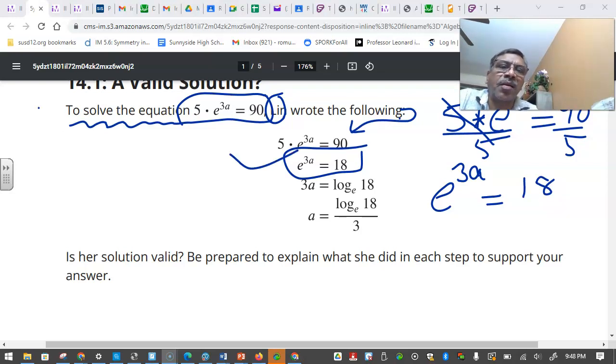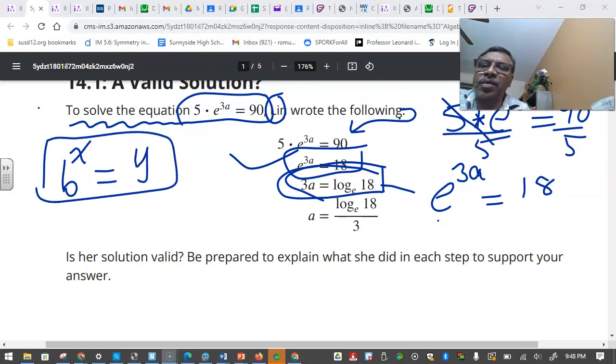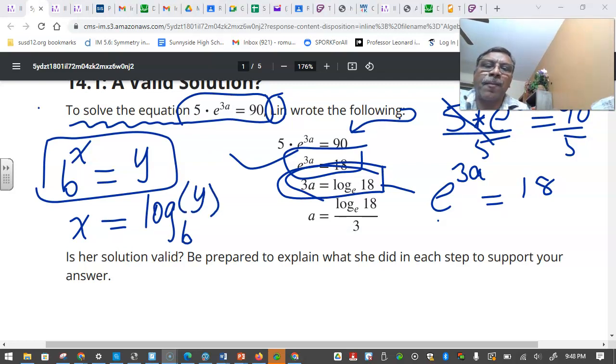After that, the question is, how did she get this? So what is the definition of logarithm? b raised to x is equal to y is the exponential form. When you write it in the logarithm form, it is x equals logarithm, and the b goes as the base at the bottom, and then of y.